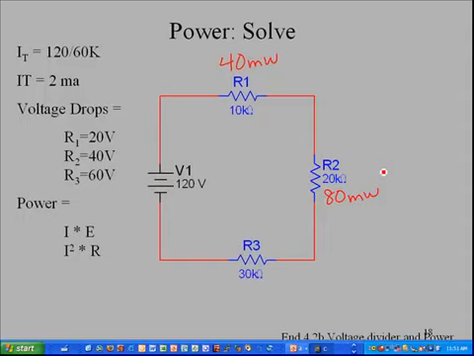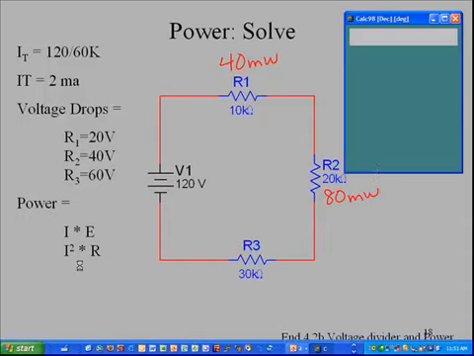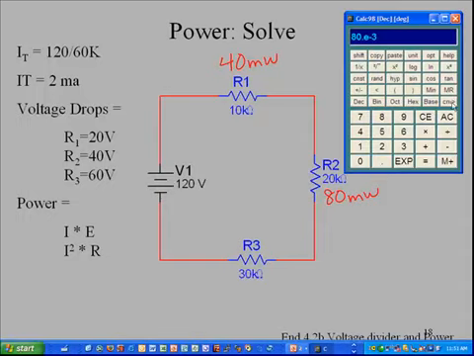And on the final one, let's use our other formula. Let's use this formula down here. Let's clear our screen first. And let's do current squared times resistance. So again, we're going to go 2 exponent minus 3. And we'll take that, we'll square that. We have a function on our little calculator here for squaring that value.